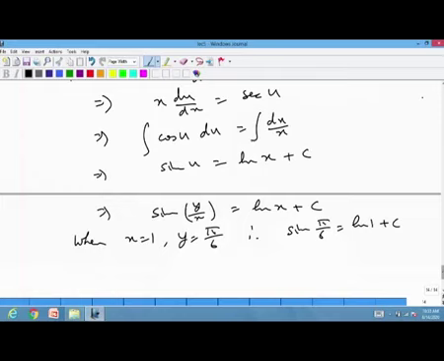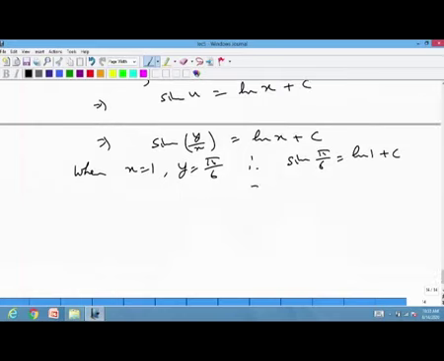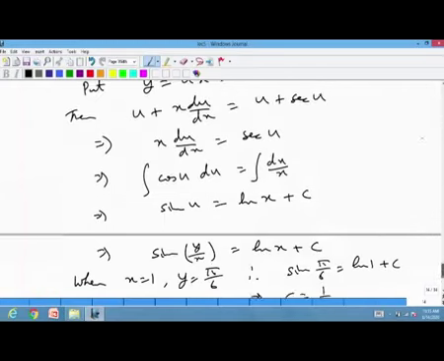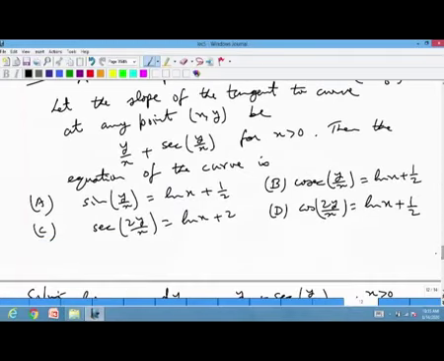Log 1 is 0 and sin pi by 6 is half. So, this implies c is equal to half. Therefore, sin y by x is equal to log x plus half. So, this says that option A is the correct answer and B, C and D are wrong.